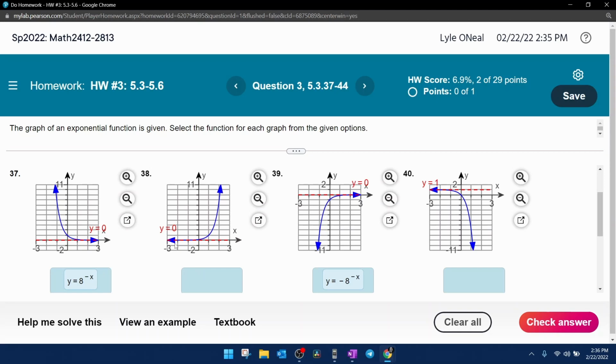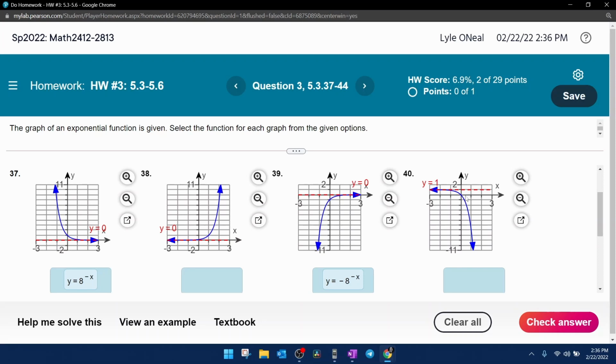Now, number 38 hasn't been answered yet, but number 38 doesn't go through the origin because you can see the asymptote, the dotted line, is on the x-axis, meaning that the graph will never touch the x-axis, so it can't touch at 0.